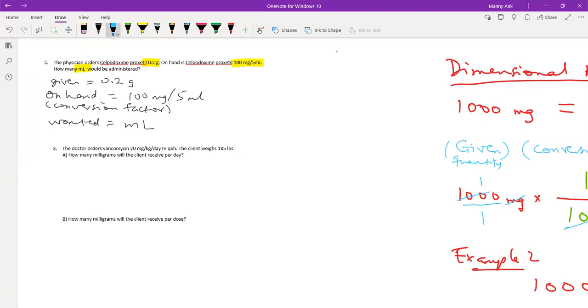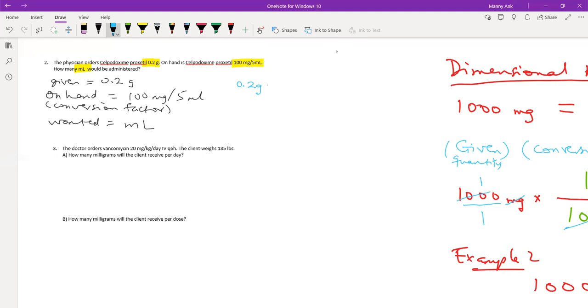As I said, start with the given, 0.2 grams. When I look at the on hand conversion factor, the unit is milligrams per 5 ml, but I have grams. That means I need to convert the grams to milligrams using the dimensional approach.